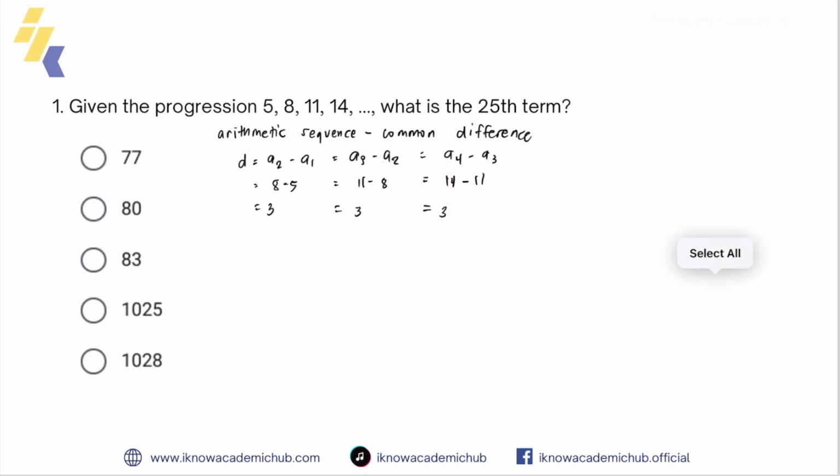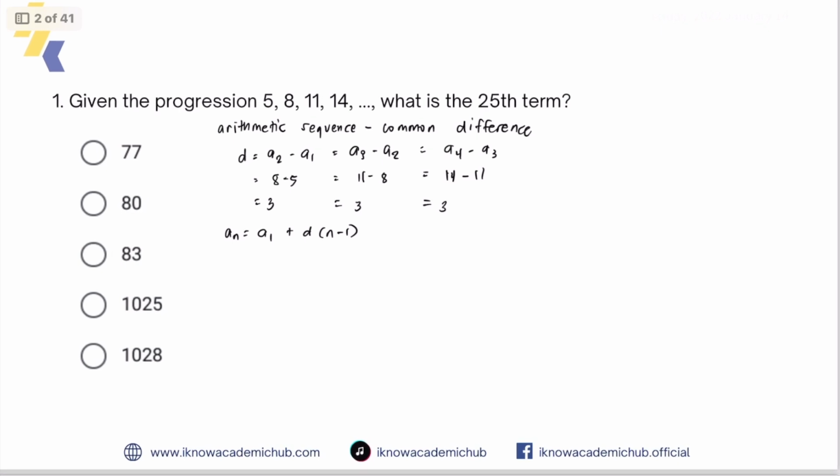And for an arithmetic sequence, the formula to get the nth term is a sub n equals a sub 1 plus d times n minus 1, where yung a sub n is the nth term, yung a sub 1 is the first term, and yung d is the common difference, and yung n is the number of terms.